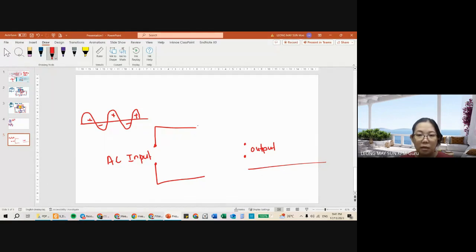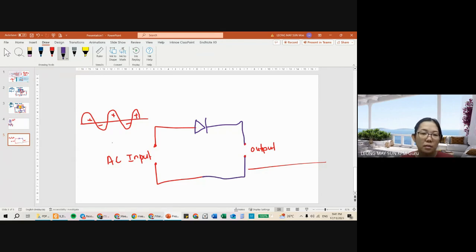Now, if the alternating current is directly connected to the output like this, if the input is alternating current, then the output will be alternating current also, if there's nothing there to convert it. This is something that we do not want, because we don't want the output to be alternating current. So what we do is we put a diode here, a forward bias diode, connected to the output like this.